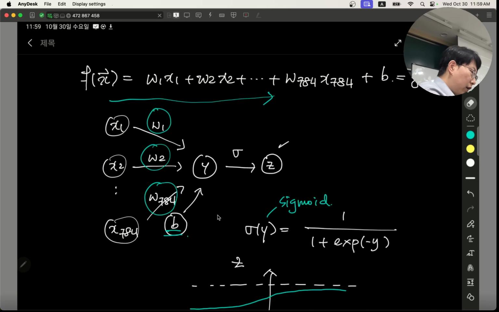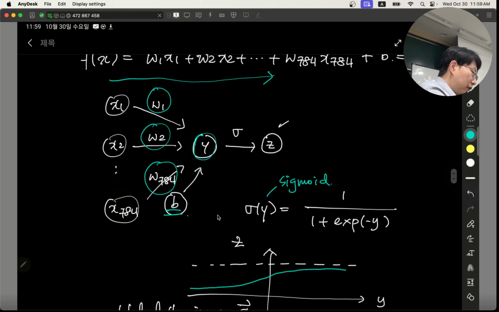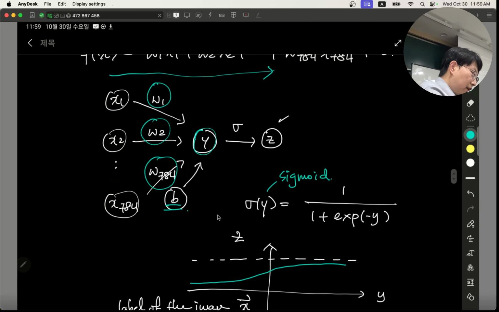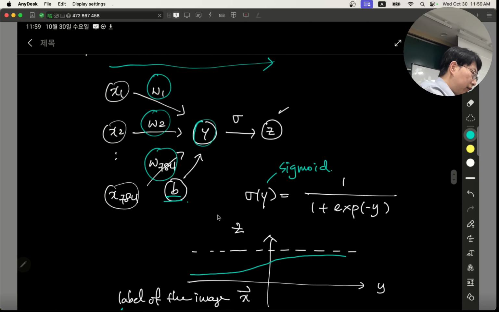This y is different from this y. If I change it, then I change everything. So just look at the arrow here. This y is not the same y as I put it here.